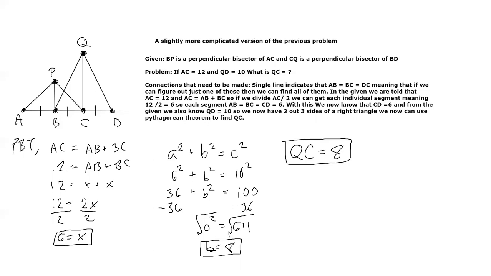It says if AC is 12 and QD is 12, what is QC? Why don't we go ahead and label what we know? We know that from here to here, right, it's 12. We also know that QD is 10. What we want to know is QC.